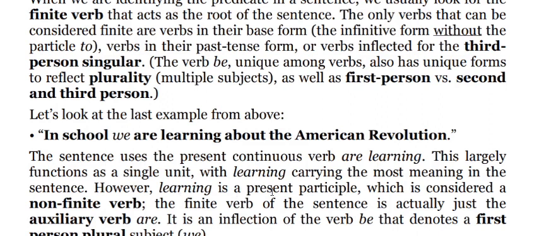Learning is a present participle, which is considered a non-finite verb. The finite verb of the sentence is actually just the auxiliary verb are. It is an inflection of the verb be that denotes the first person plural.